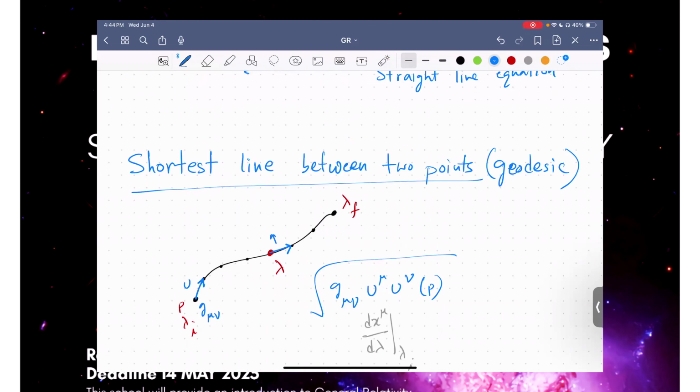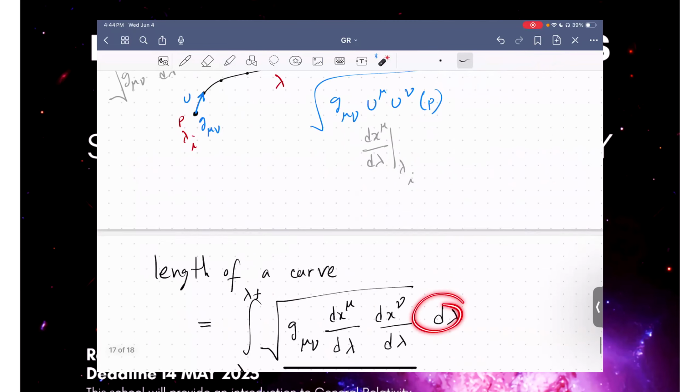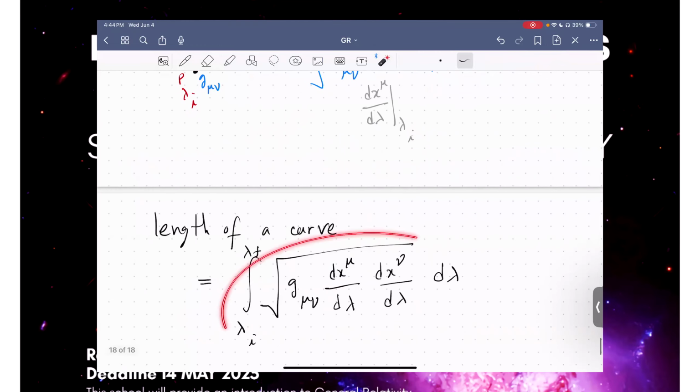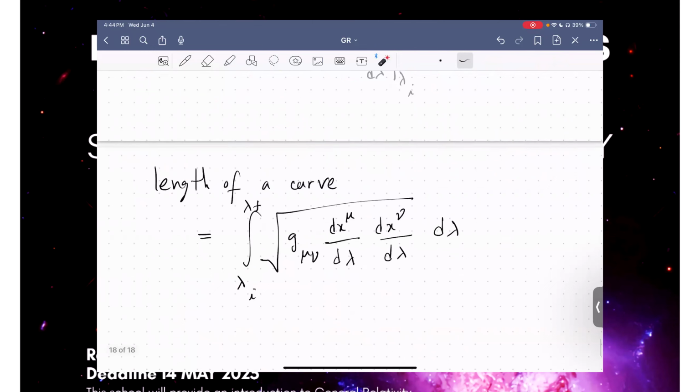So the norm of this is the square root of dx mu d lambda dx mu d lambda, and all derivatives measured at lambda. All right. And then here, all I'm saying is that you sum over all these lengths. You take all these infinitesimal vectors, you sum them up, that gives you the length of this curve. I hope this makes sense to people.